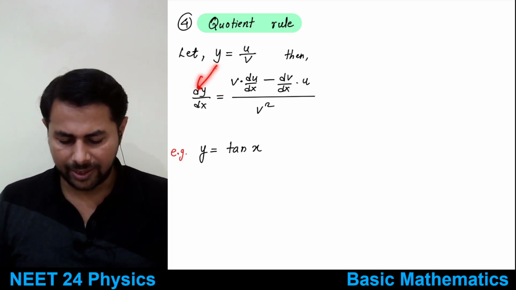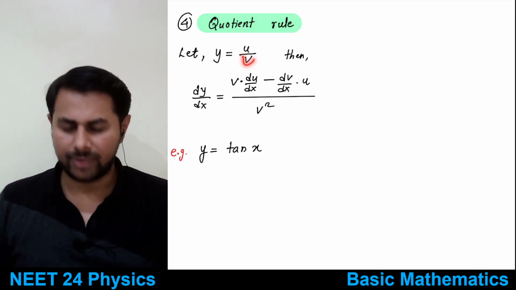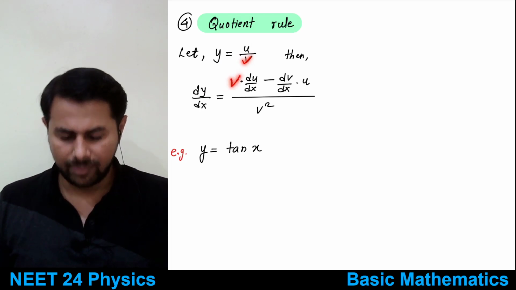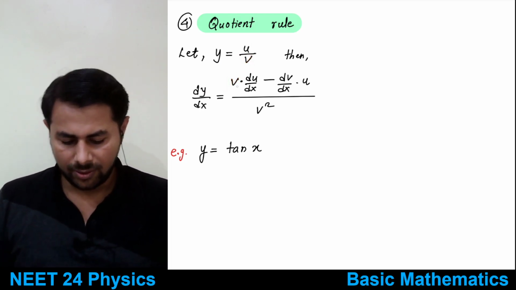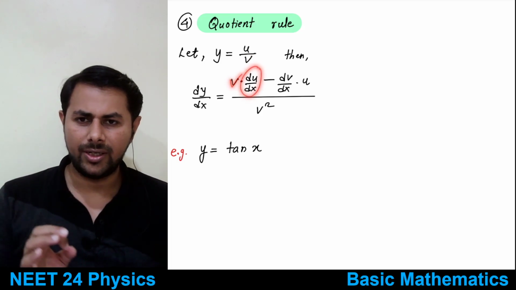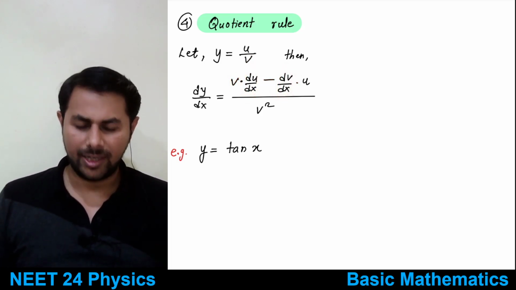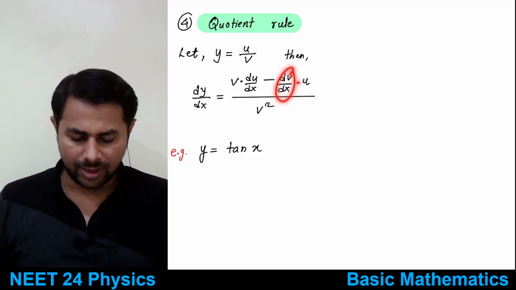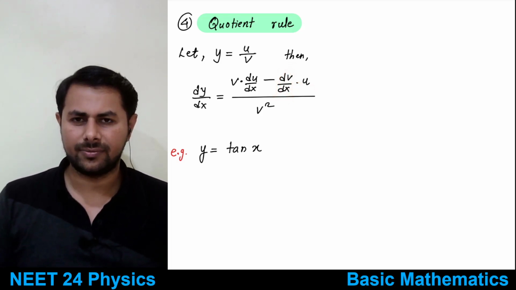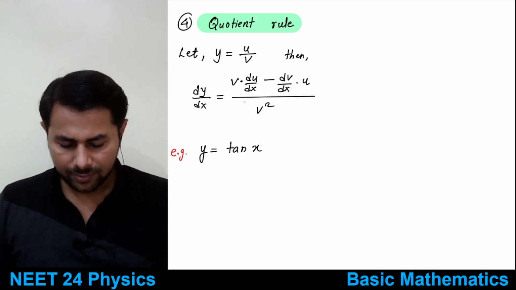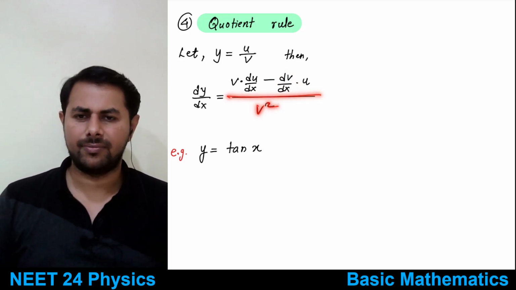So dy by dx is v multiplied by du by dx, the derivative of the numerator, minus dv by dx, the derivative of the denominator, multiplied by the numerator as it is, all divided by denominator square.